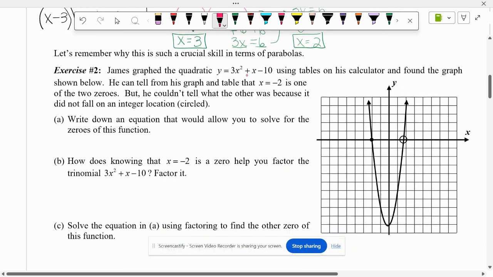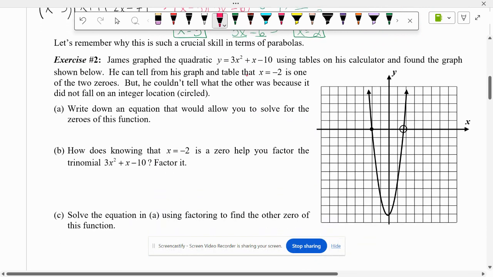All right, so let's remember why this is such a crucial skill in terms of a parabola. James graphed the quadratic y equals 3x squared plus x minus 10 using tables on his calculator.